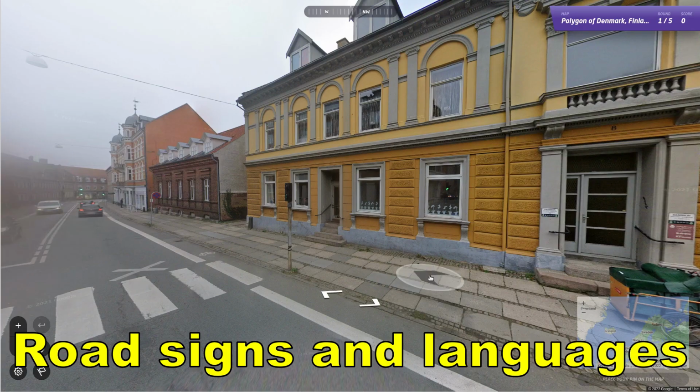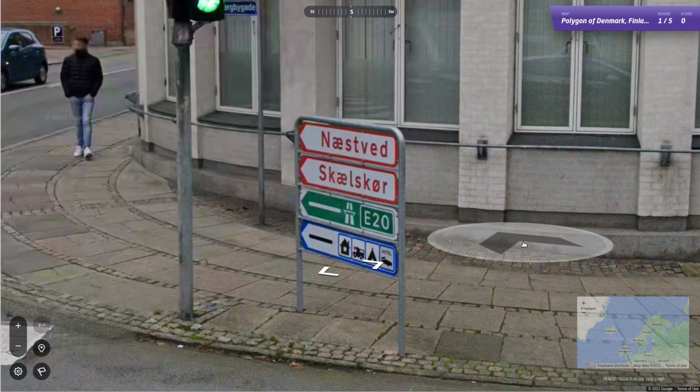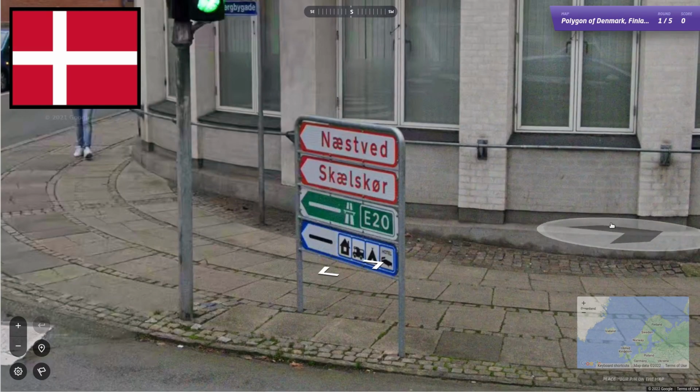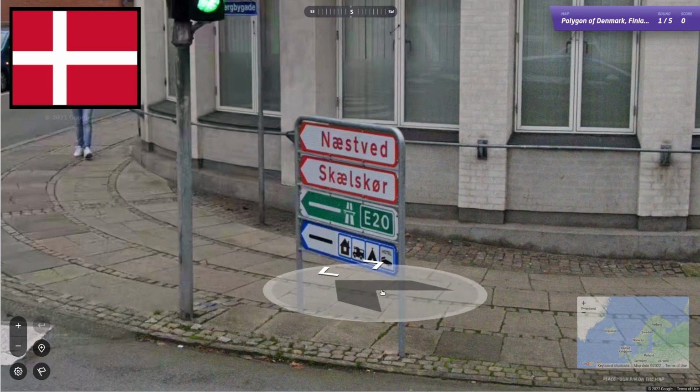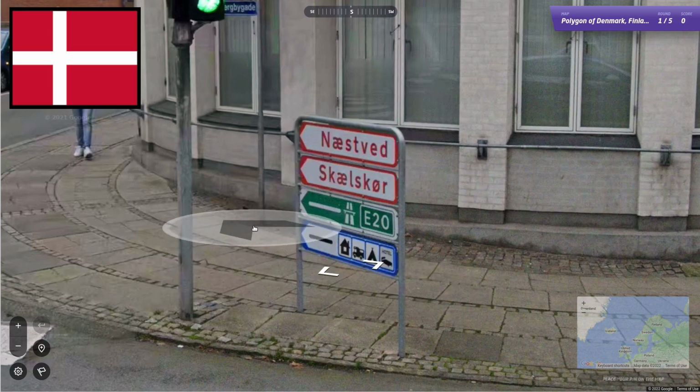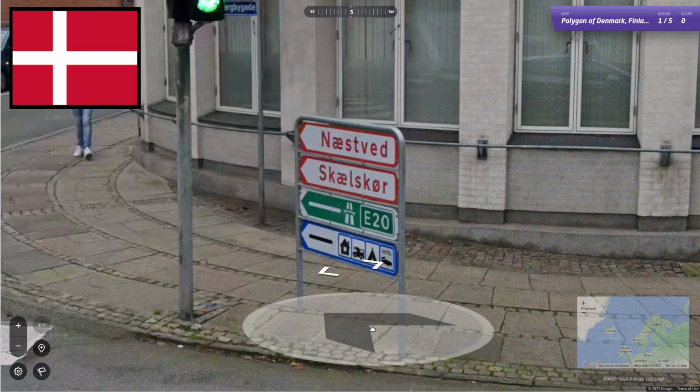Okay, next let's look at the road signs and the languages. Denmark uses this kind of framed signs. This frame is constructed from some pipe, and this red color, and also similar ones with blue color, are used only in Denmark.